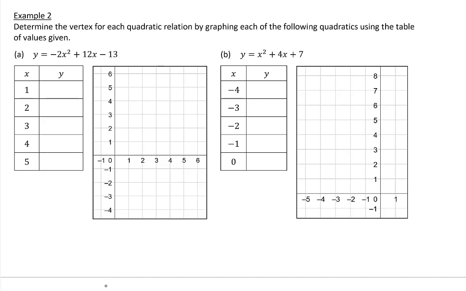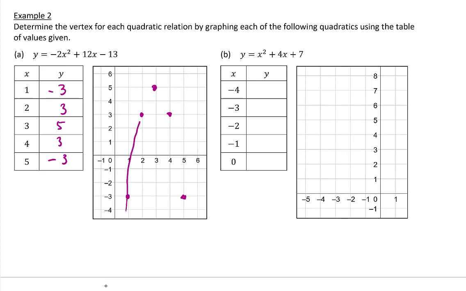Here are the y values: negative 3, 3, 5, 3, and negative 3. So let's graph that. At 1, we're at negative 3. At 2, we're at 3. Then we get up to 5 for the next value of 3, then back down to 3, and all the way back down to negative 3.